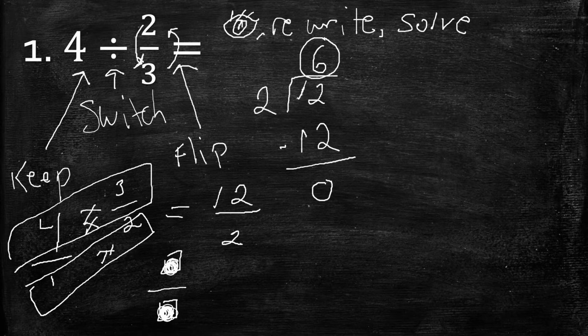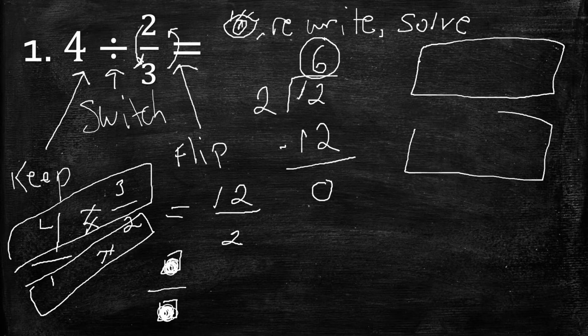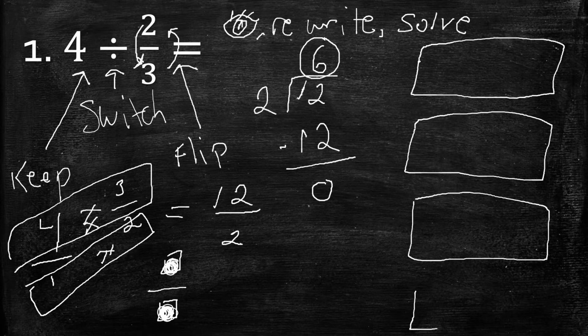So to start off, we need to draw our 4 groups. 1, 2, 3, 4. So now I know that they are going to be split into thirds because that's my denominator.